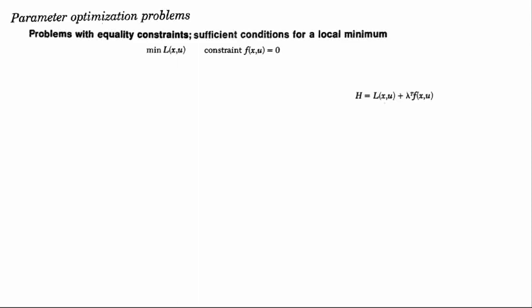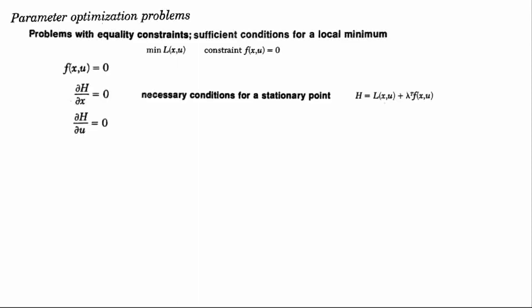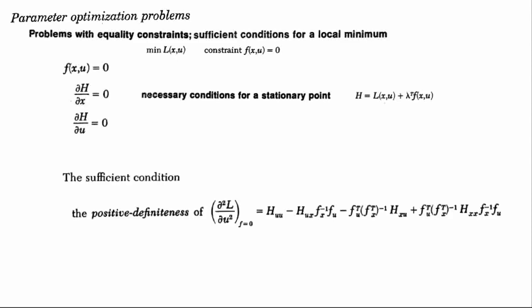Now to find the stationary points, we need to solve the following set of equations. These equations are the necessary conditions for having stationary points. Then, to specify whether these stationary points are minimum or not, we have to check the definiteness of the second derivative of the function L with respect to the decision variable u. This check is our sufficient condition.